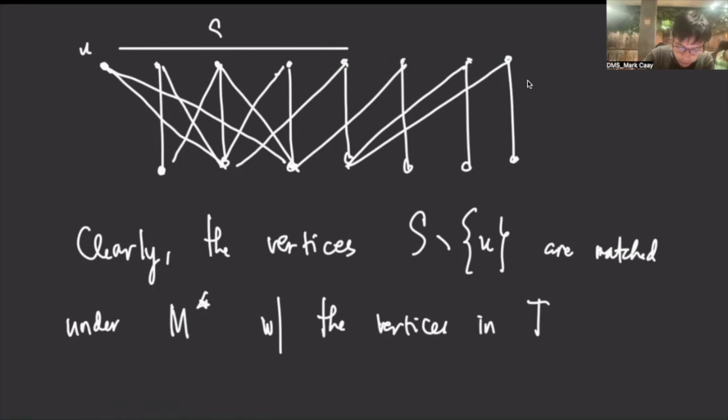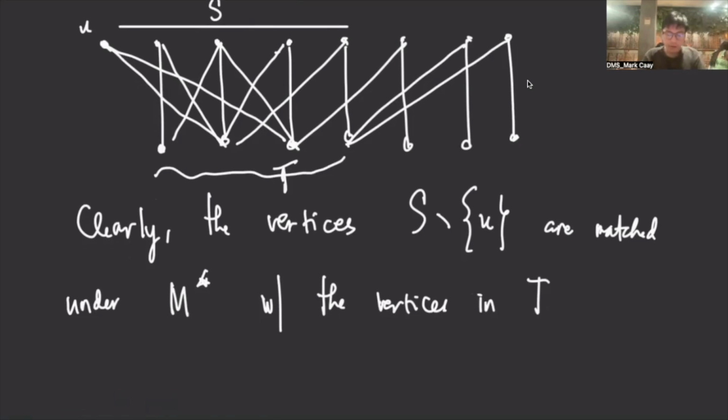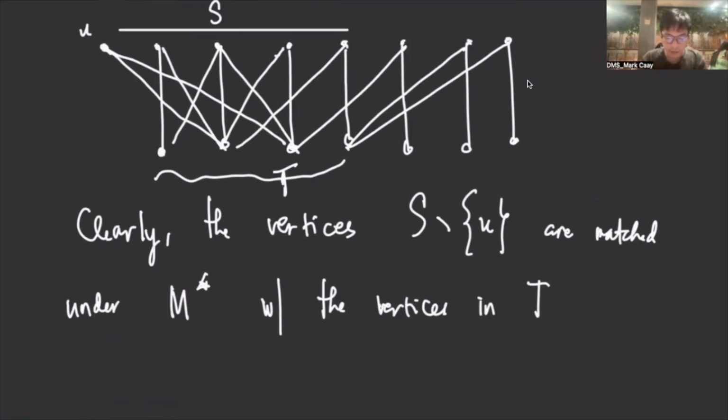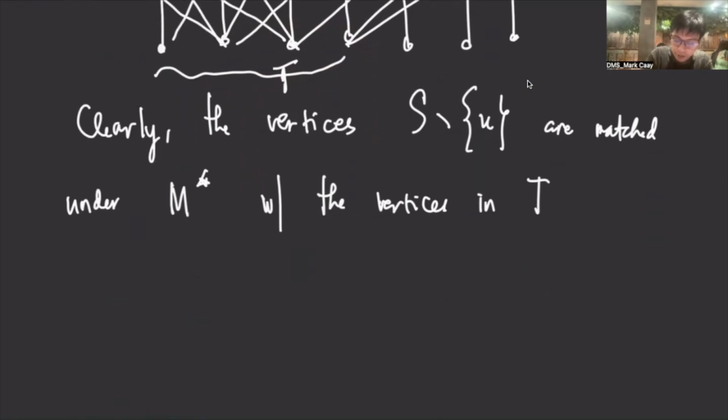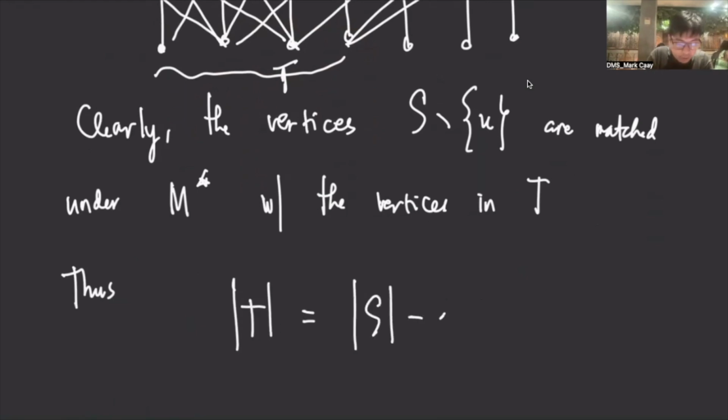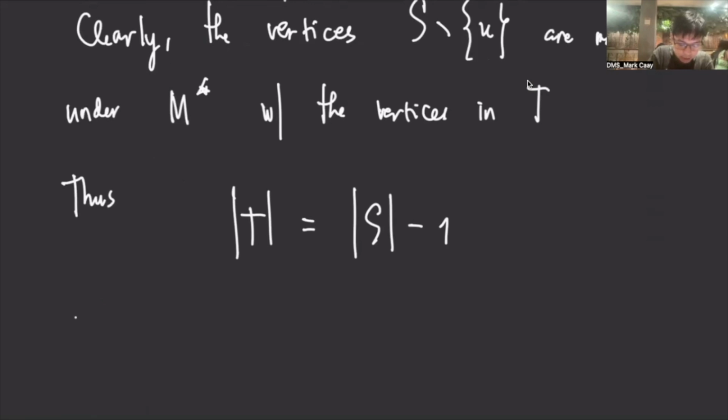Ganito. And this guy here is also your T. So, ibig sabihin, the vertices in S minus U are actually matched. Tama naman. These are the vertices in S minus U. And clearly, they are matched in T. Okay. So, because they are matched, this means that the cardinality of T is equal to the cardinality of S minus 1. And the neighbors of S contains the T.